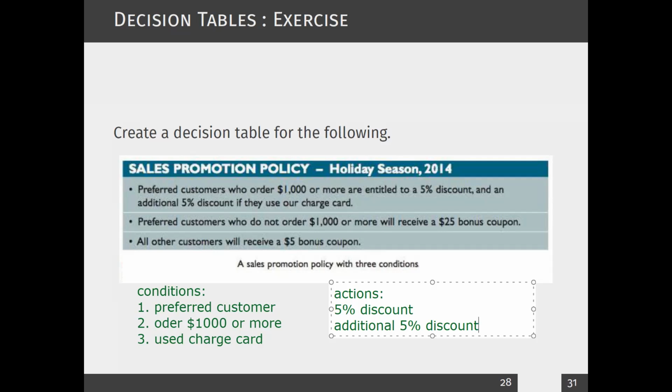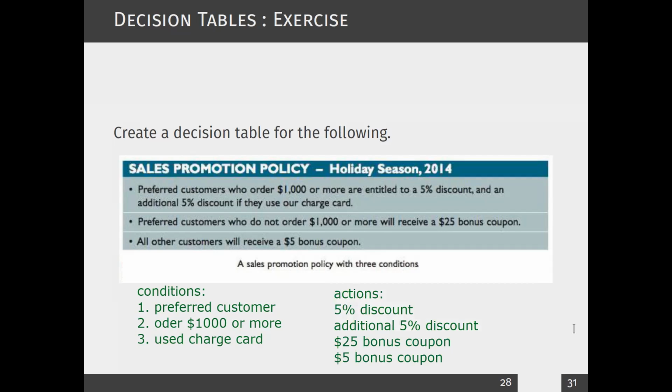If you look at the second statement, preferred customers who don't order $1,000 or more will receive a $25 bonus coupon. And then the last one, a $5 bonus. Right, so now you see what the actions are.